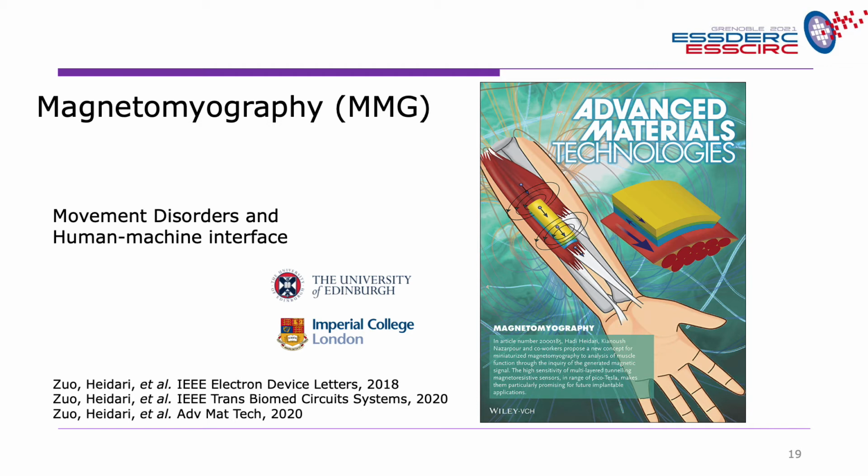This technology was first studied 40 years ago. However, 40 years ago this field stopped because of two main challenges. The first was that the detection of the magnetic field was performed by superconducting devices, SQUIDs, which are too bulky and expensive.